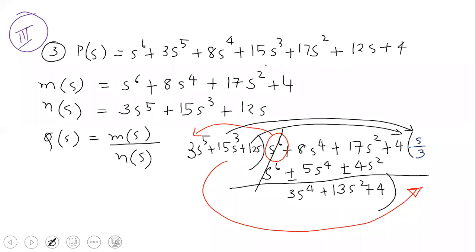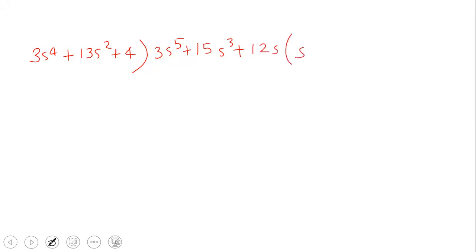The second quotient will be S. So you are taking 3S raised to 4 plus 13S square plus 4, which is 3S raised to 5 plus 15S cube plus 12S, and then you get the first quotient.